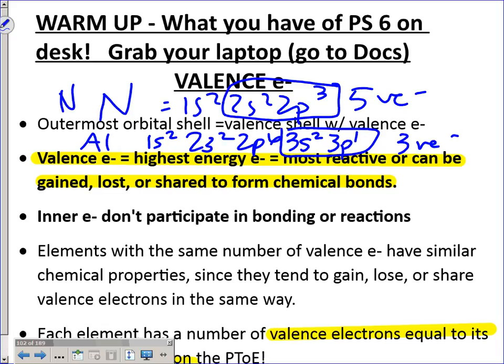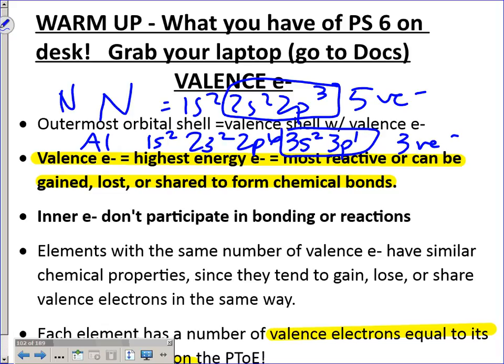Group 2, two valence electrons, because they end at s2. Skip over transition metals because they are weird. Go to group 3. How many valence electrons do they have? Three, because they all end at s2, p1. I'm just not saying the coefficient number because it depends on which level we're on.